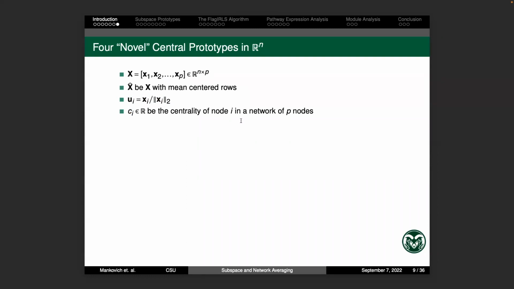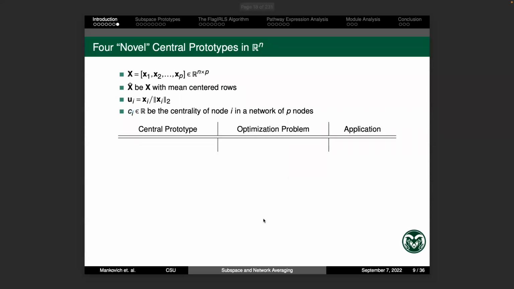We can talk about notions of centrality. And I think today we probably don't have time, but if you have any questions, I can discuss it further. But essentially just think about these as weights that are based on the structure of your data. Okay, so we'll introduce the name of the new prototype, the optimization problem that it comes from, and the application.